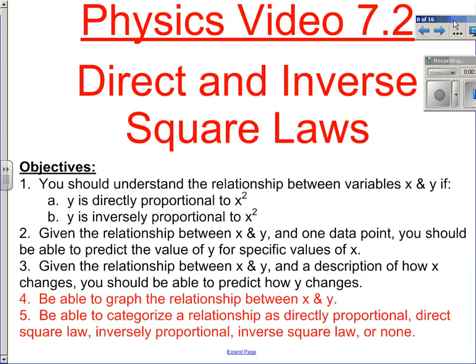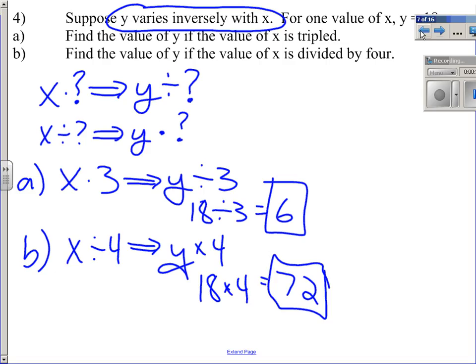I should comment real fast, though. I did make a typographical error in the last video, and due to cut and paste, I made it 4 times. So in the 4 examples that I did at the end of the last video, this was originally written, and I've already corrected it for future reference, but when I originally wrote this, I had written, suppose X varies inversely with Y, and I had those flip-flopped.